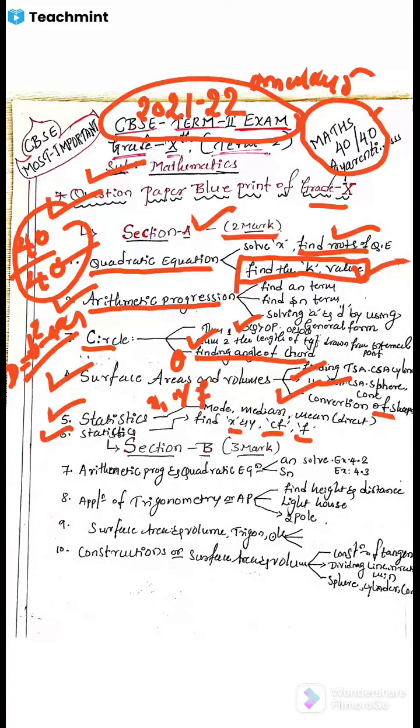Then coming to Part B, each question carries 3 marks. The 7th question will come from arithmetic progression or sometimes quadratic equations. If that question comes from arithmetic progression, they will definitely ask you to solve for an or find the nth term of the arithmetic progression with the help of the an formula and the Sn formula, using the general formula.